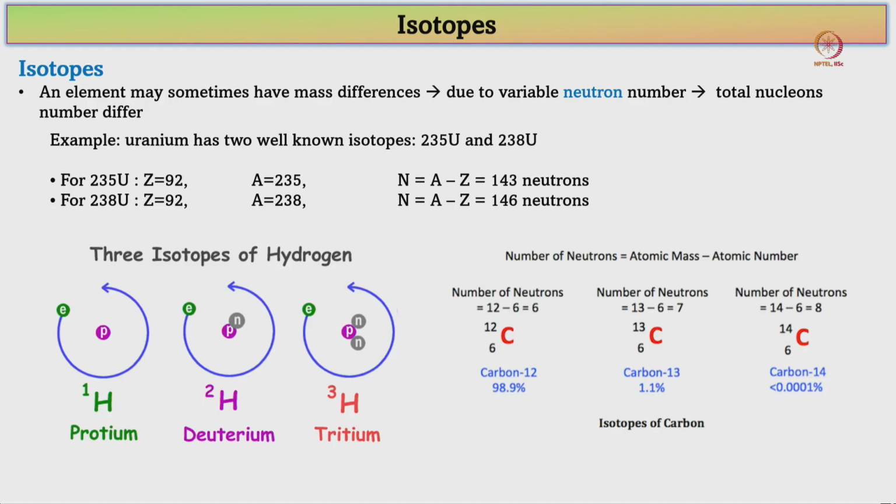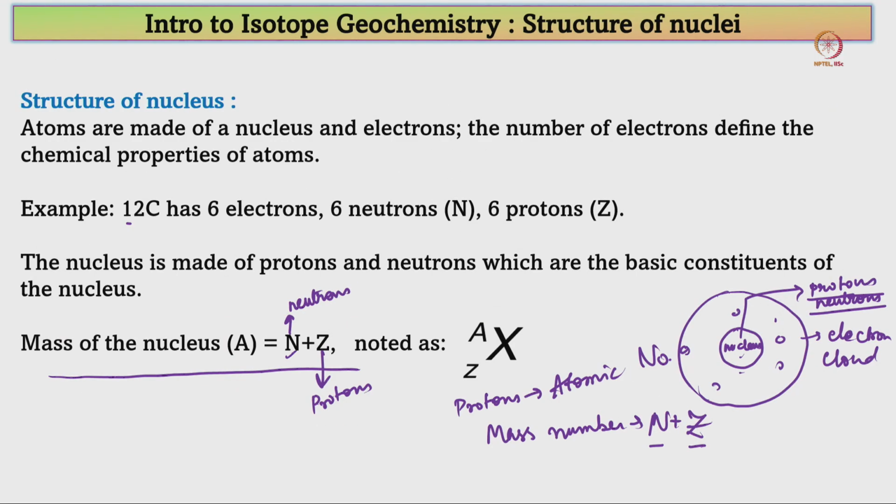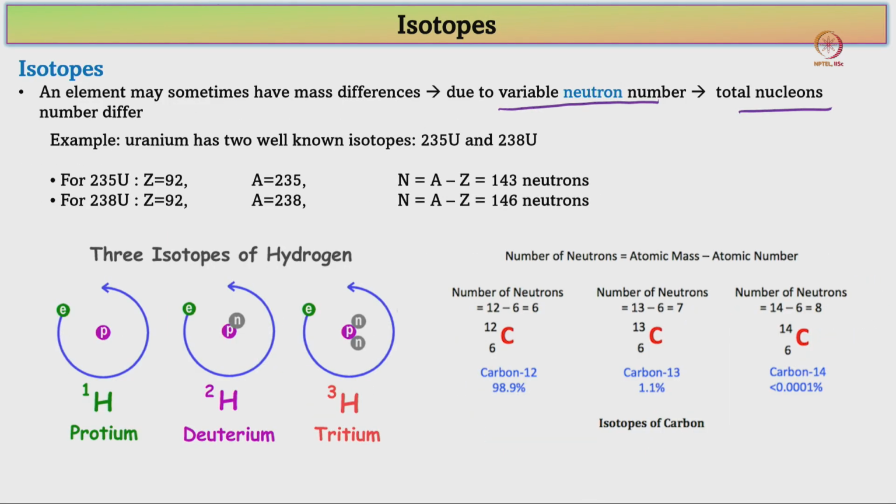Sometimes an element will exist with different masses. That is due to the variable number of neutrons, so the total number of nucleons will differ. The atomic number remains the same, but the mass number changes.